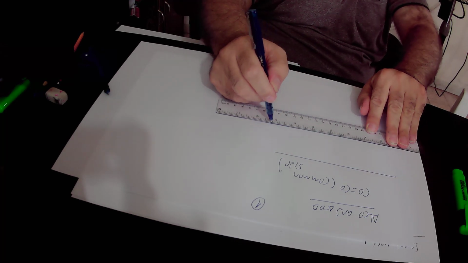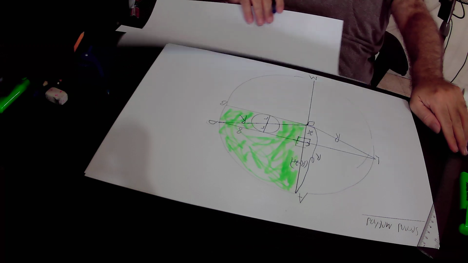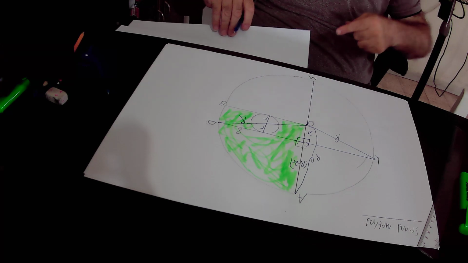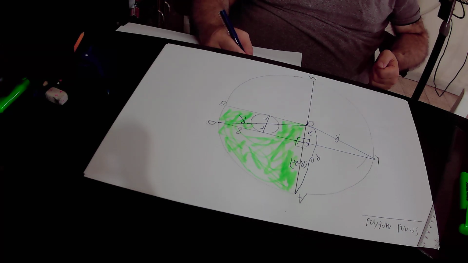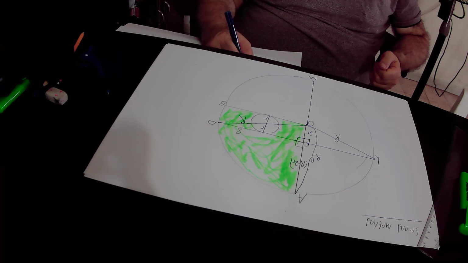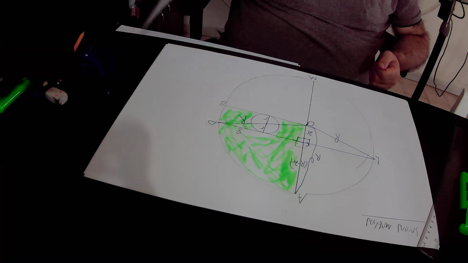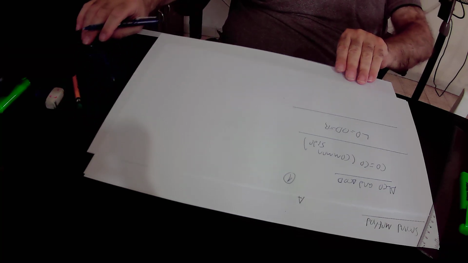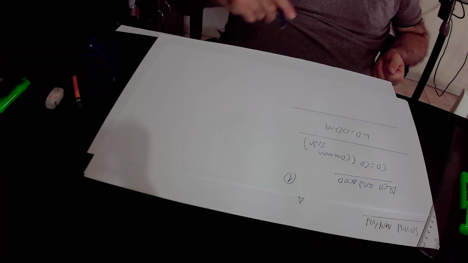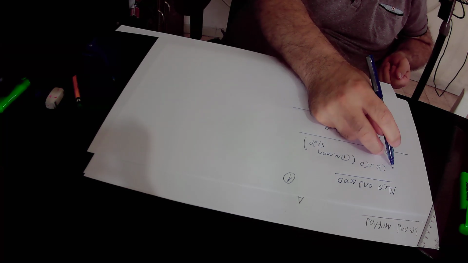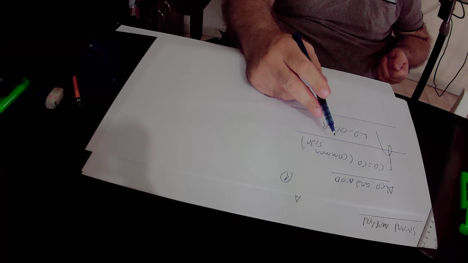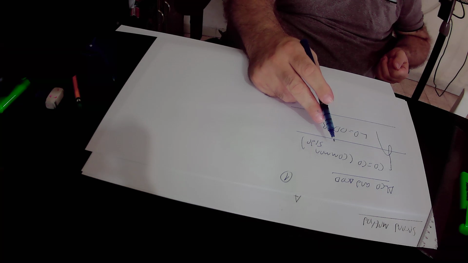In addition, LO equals OD, they are both the radii of the big circle, therefore they are equal to each other. LO equals OD equals capital R. So actually, we proved the triangle LCO is congruent to the right triangle COD.